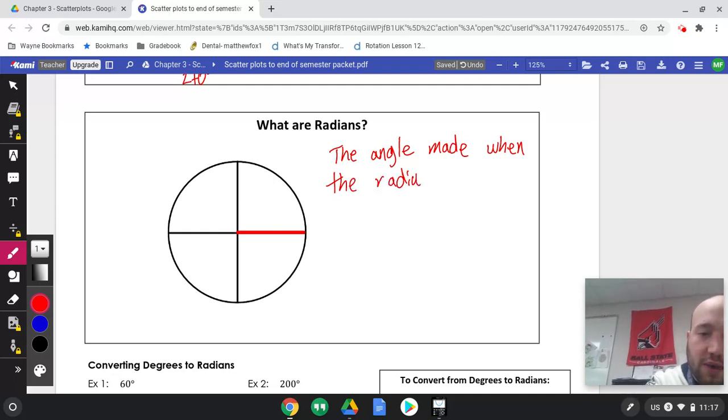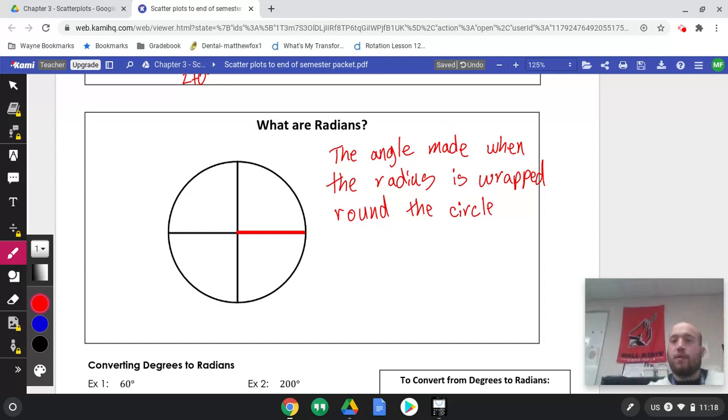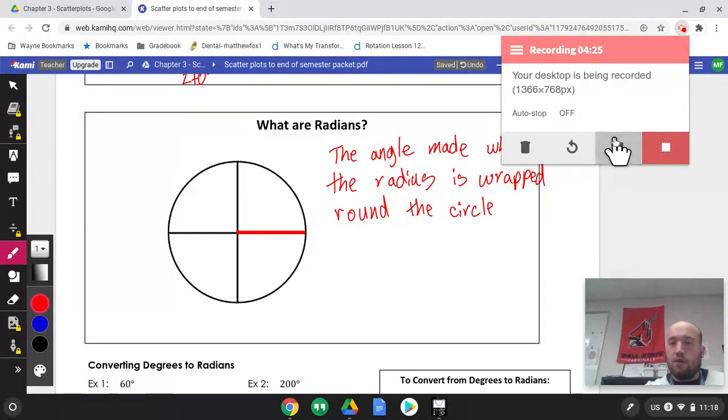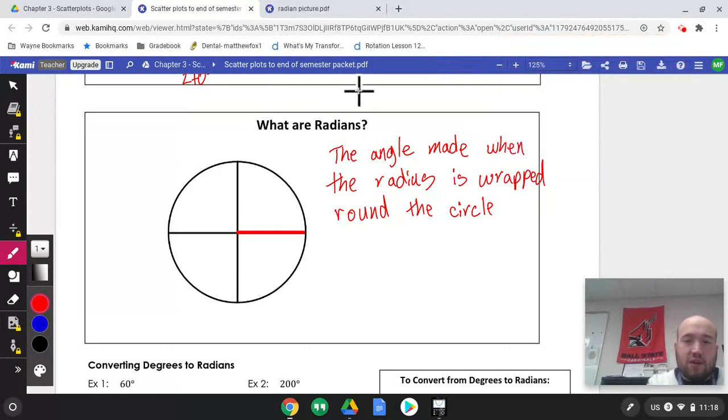And I'll show you what I mean in just a second. All right, so the angle made when the radius is wrapped around the circle.